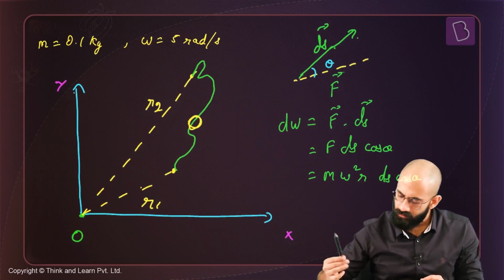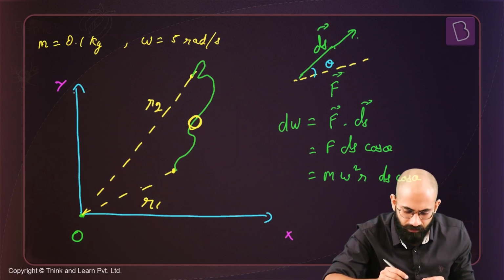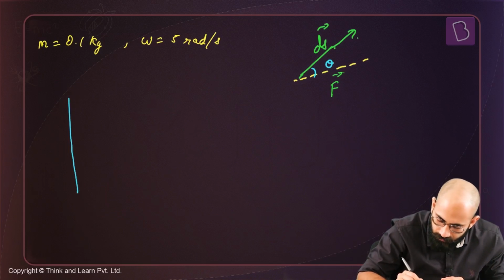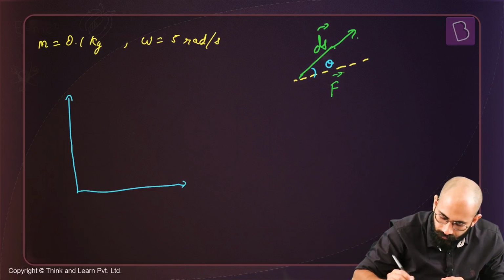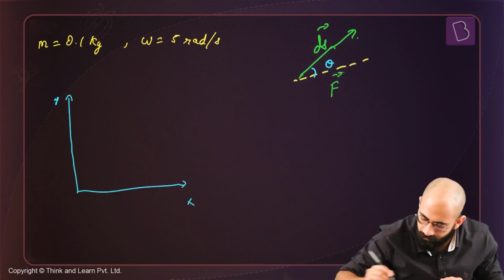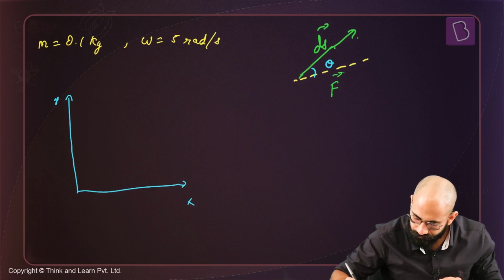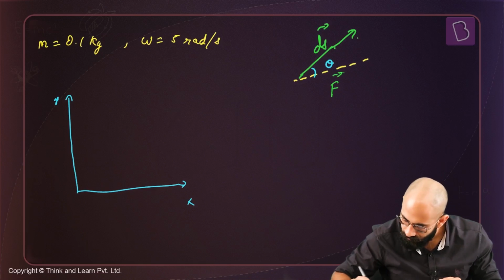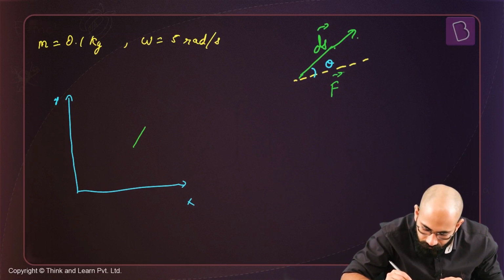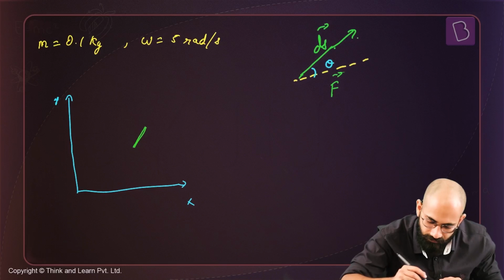Well, let me do one thing. Let me zoom into this part again and I'll draw this diagram. Let's say this is the same x and y, and I'm just drawing that zoomed in bit, okay, and this is the ds.